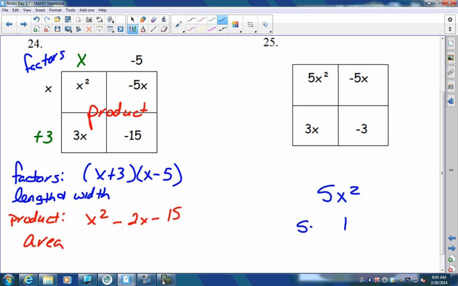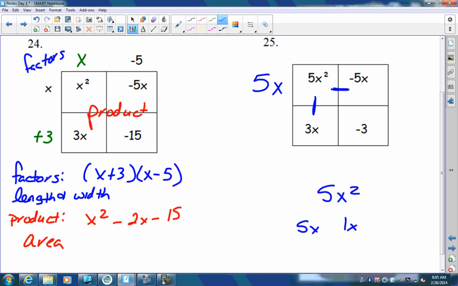And x squared has to split up as x and x. You have to figure out where the 5x and the 1x goes. Out of these two boxes, what is the greatest common factor? A 5 goes into 5, a 5 goes into negative 5. So a 5 and an x goes right here. There's an x in both of them, and there's a 5 in both of them.